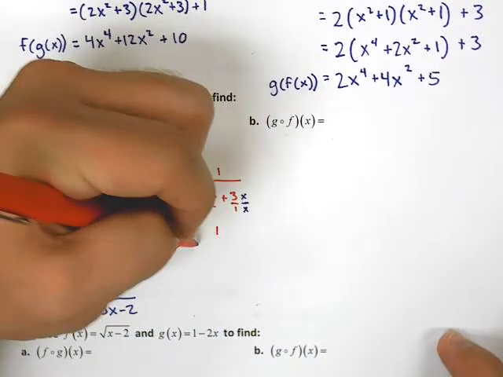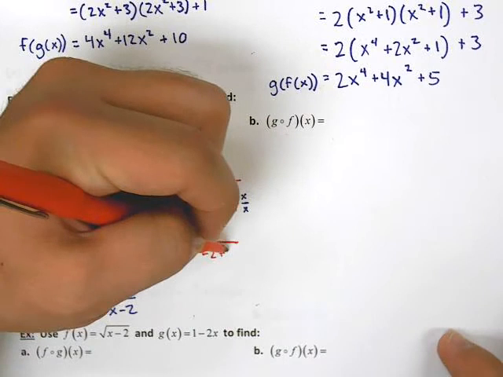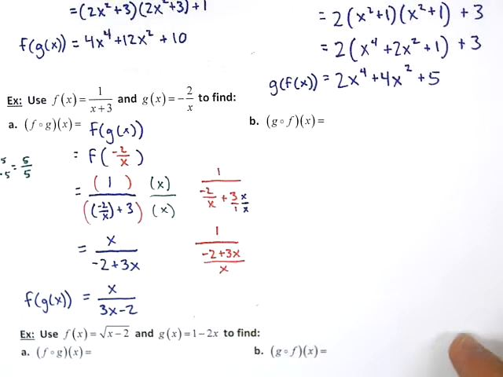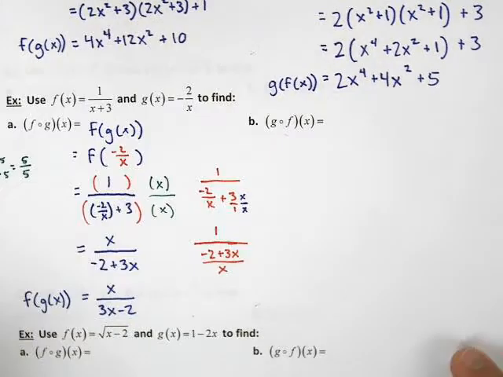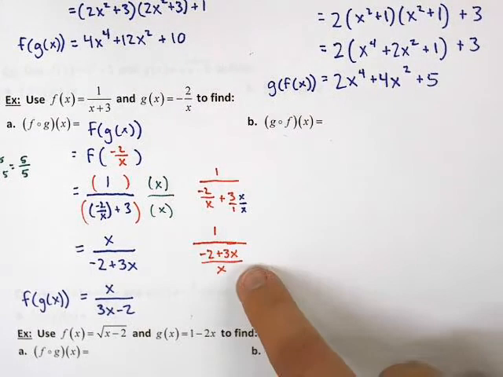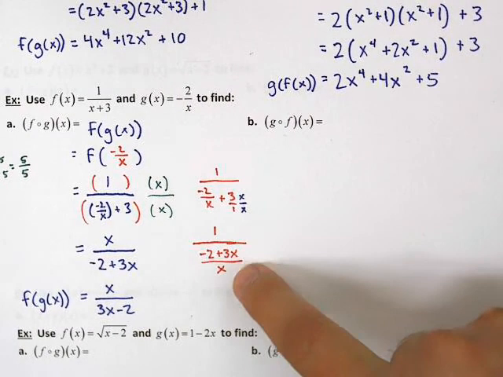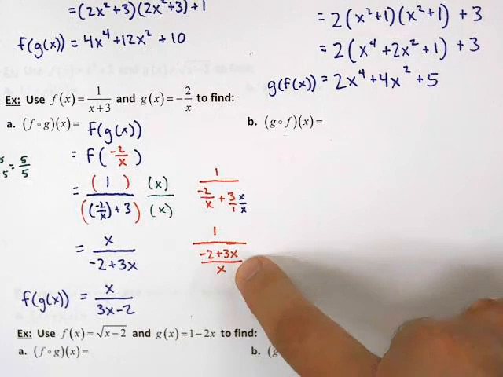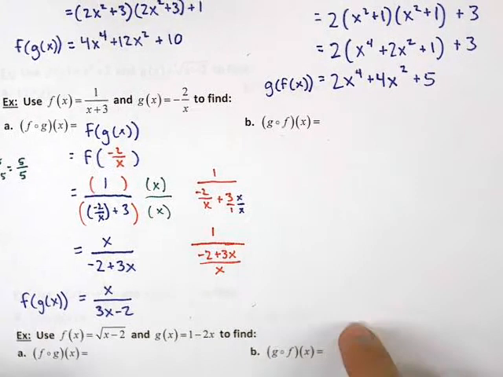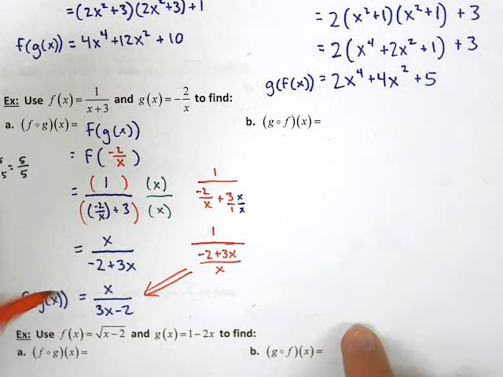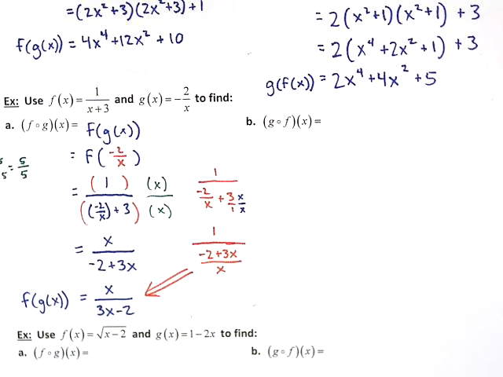This would have been 1 over negative 2 plus 3x all over x. And then what would we have done here at this step? Well, I would have ended up saying I'm dividing by a fraction, so I would change and multiply by the reciprocal, and I would get the exact same thing. Okay, so multiple options on that one.